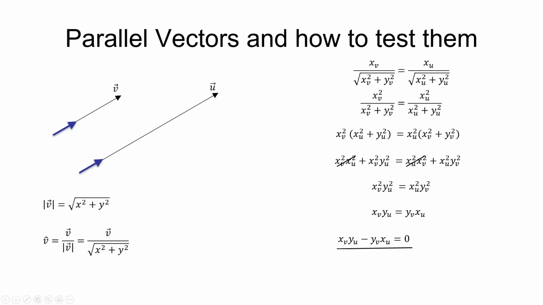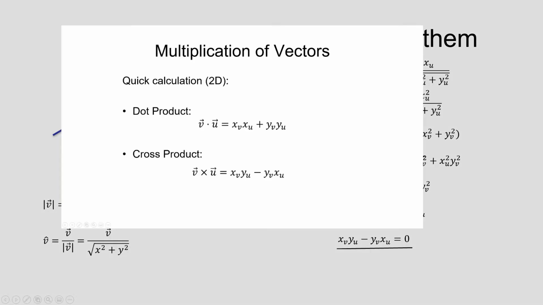Well, last time, when we discussed the multiplication of vectors, I presented what we called the fast formulas for the vector multiplication, the dot and the cross product. These were these formulas. Apparently, what we have just found is the cross product of vectors, so finally we can replace our condition with the following.